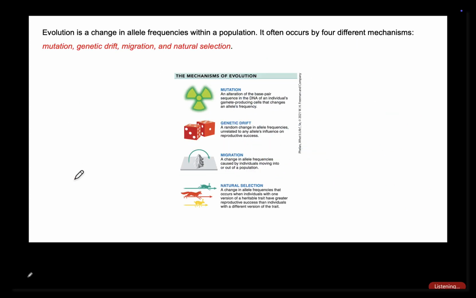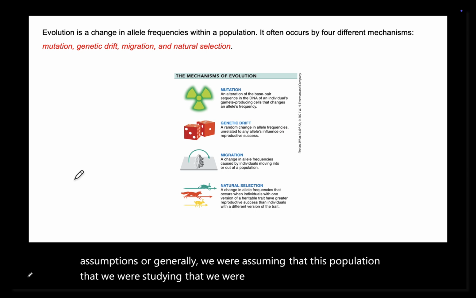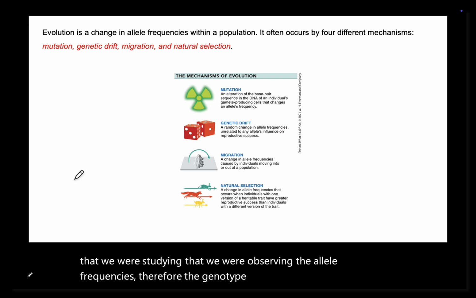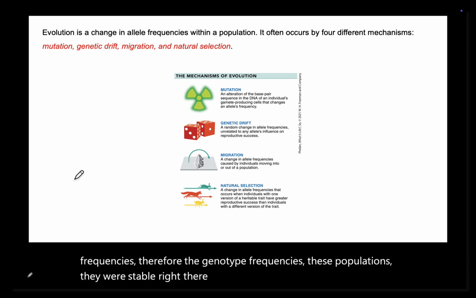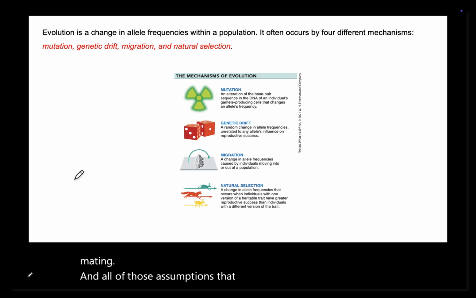When we studied the Hardy-Weinberg model, one of the assumptions was that the populations we were observing, for allele frequencies and therefore genotype frequencies, were stable, right? There was no migration, there was random mating, and all of those assumptions that we had.